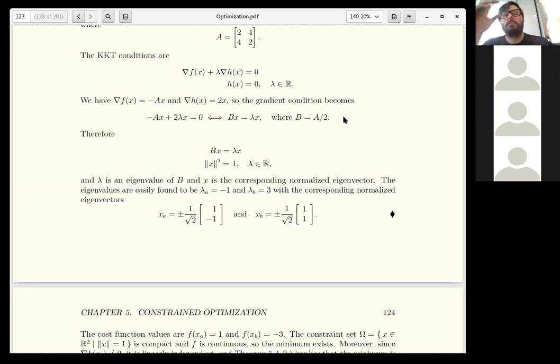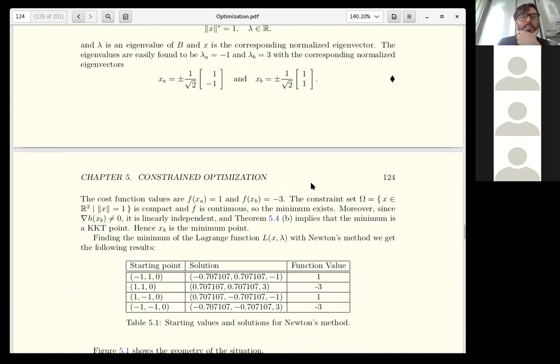So this becomes only the eigenvalue problem and eigenvector problem of a particular matrix. And we can solve this explicitly. So this is an example where we can solve it explicitly.